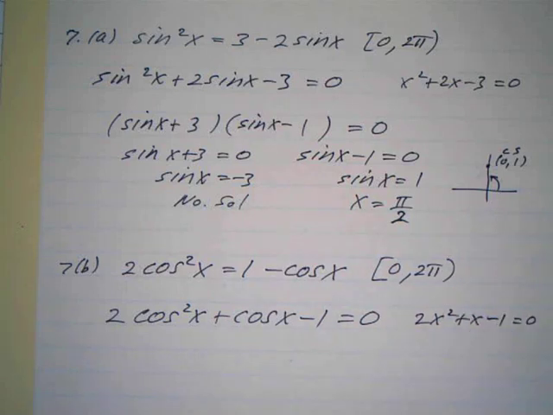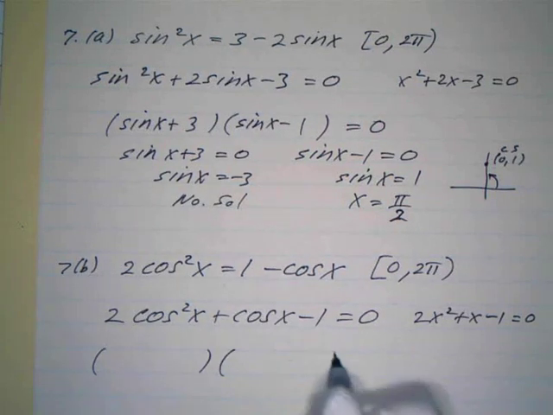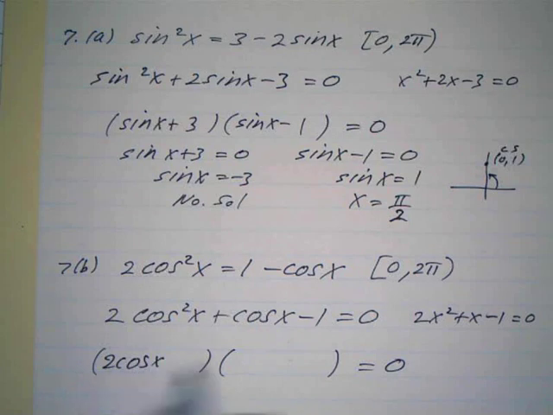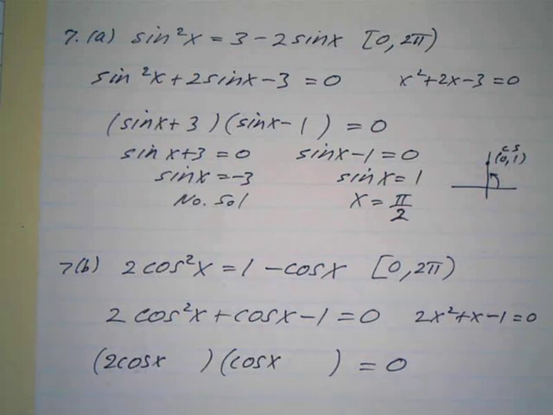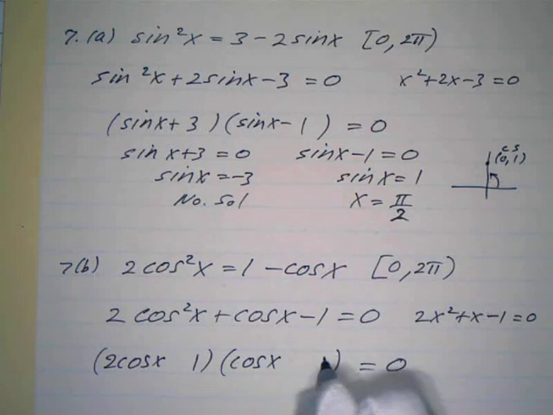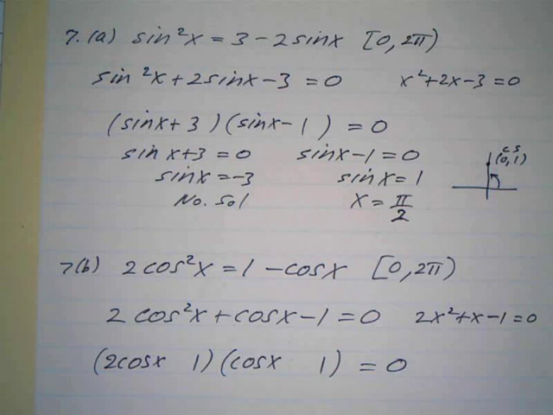It's not a simple trinomial, but it's one of the easier general trinomials. So I'll write it as a product of two binomials. And that's the only way I can multiply and get 2 cosine squared of x. Now the only way I can get 1 is by 1 times 1. So we just have to kind of play with the signs.